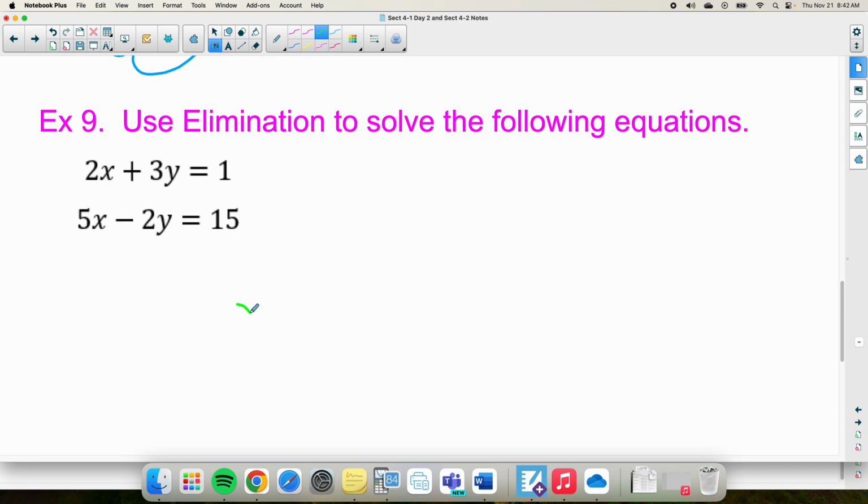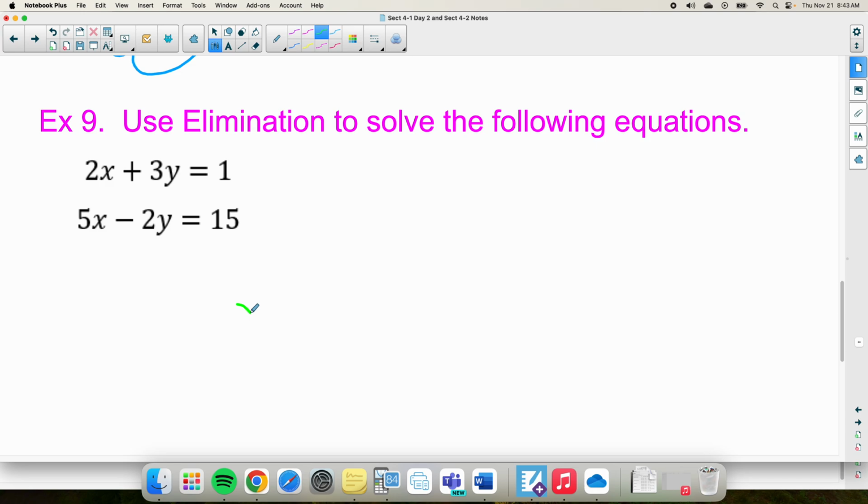Don't do that. We're going to actually do the y's instead. But you could do the top one by -5 and the bottom one by +2, and your x's would cancel. The other thing you can do is multiply your y's by a number. In this one, that's what I would choose, only because my 3 is positive and my 2 is negative, so one of them is automatically going to be plus and one minus.